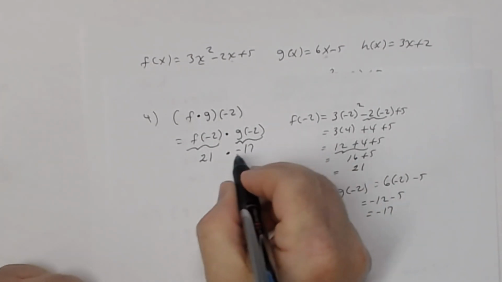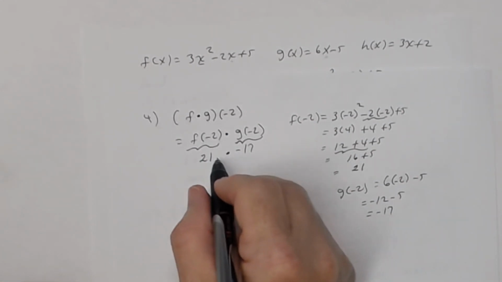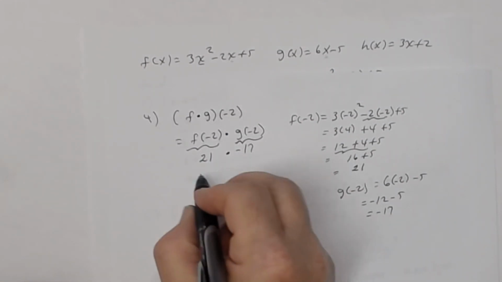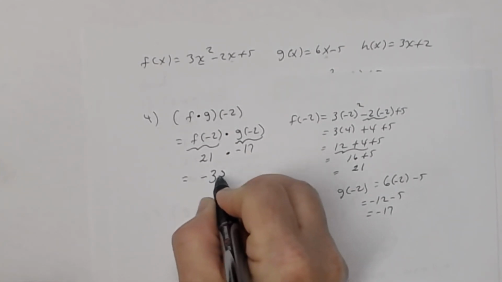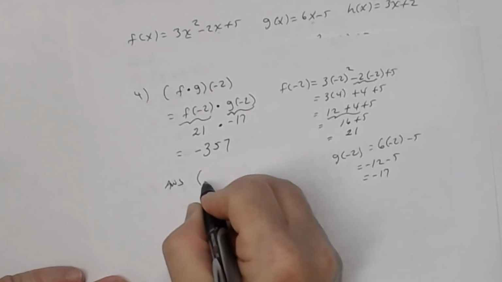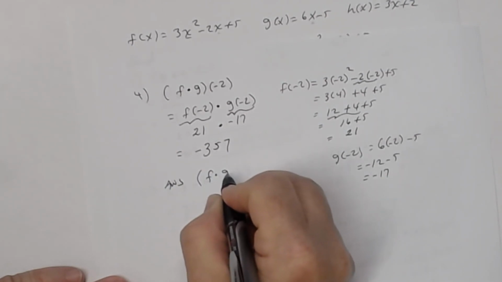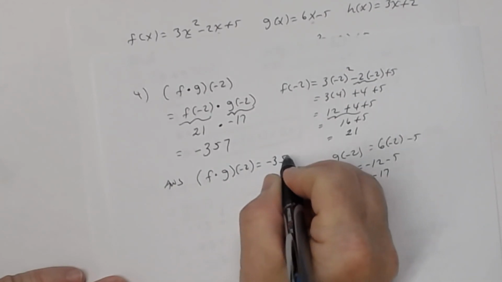So what I have here is 21 times negative 17. Using your calculator, that equals negative 357. Therefore f times g at negative 2 is equal to negative 357.